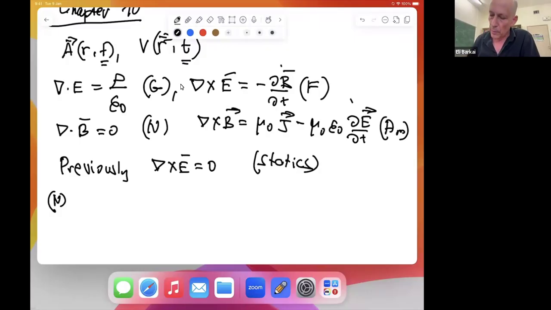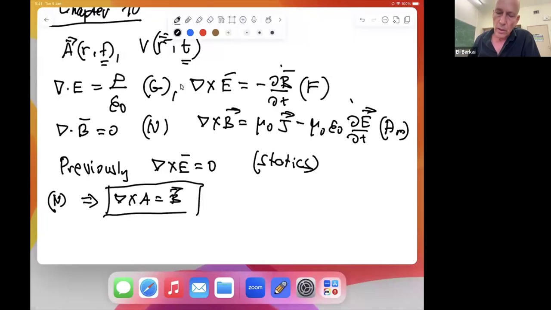And then immediately we know that the rotor of some function A is equal to B. So with respect to B, everything is simple, and it's very similar to what we had before, because there are no monopoles. The difference from up to now is that this function A now depends on time. We have electric fields, and that means something with respect to the potential and the relation.